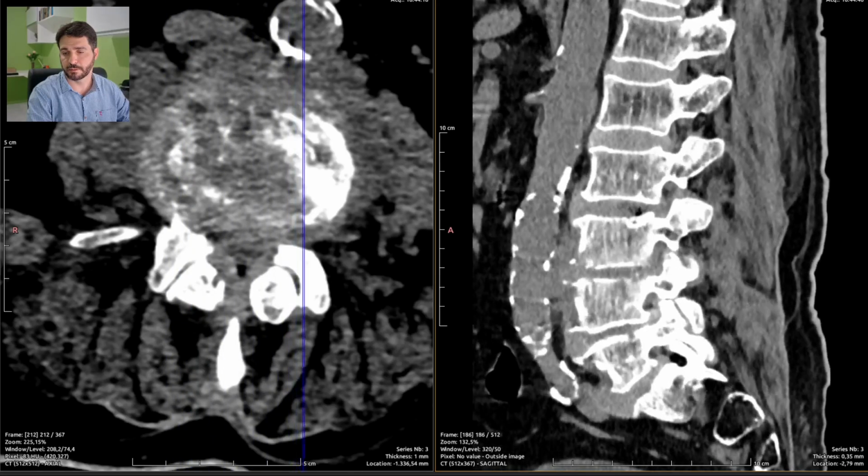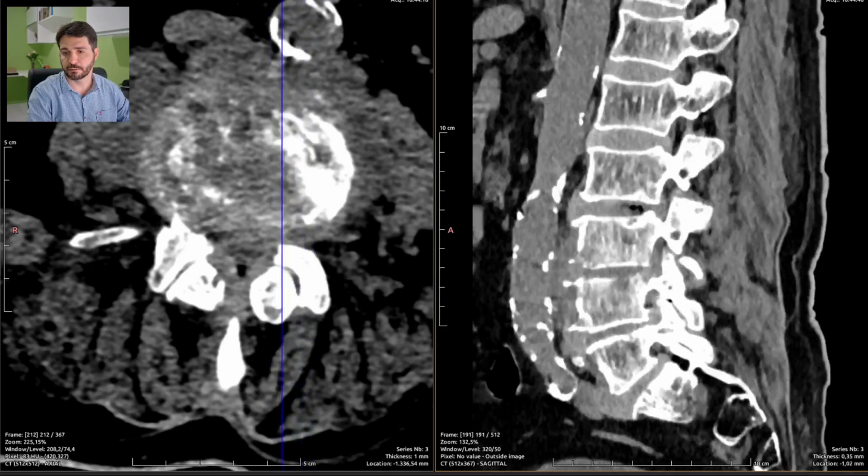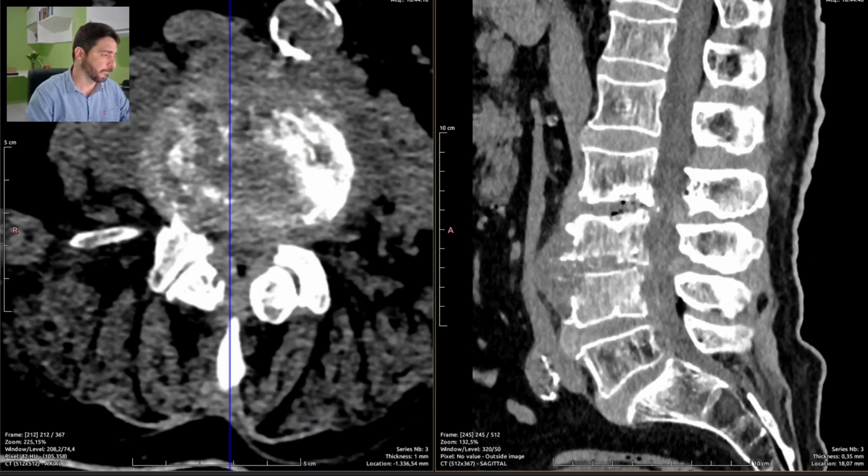So we have mild and moderate in between. So mild stenosis of the neuroforamina of L2, L3 and L5, S1, and moderate stenosis of the same foramina on L3, L4 and L4, L5.